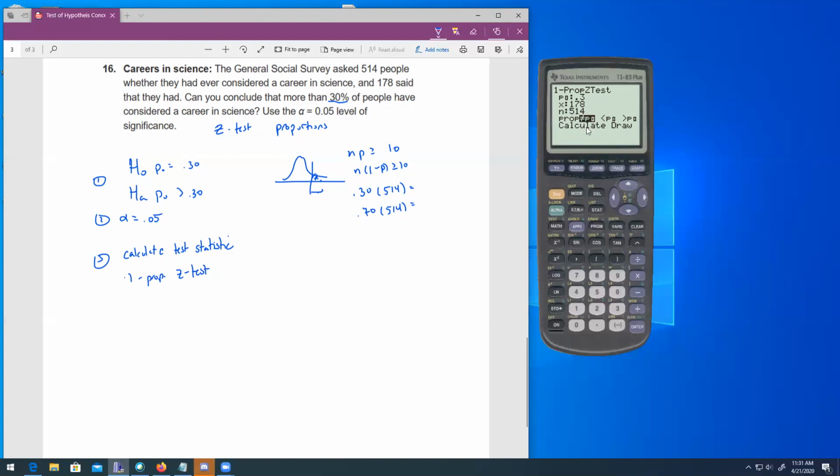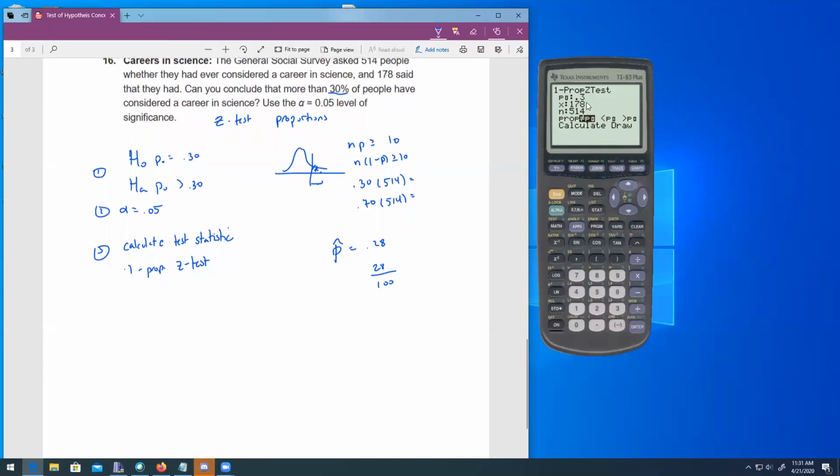If it doesn't, and they said that your p-hat was 0.28 or something, well, I would just say 28 over 100, or I would say 0.28 times however many people I had, and do it that way. I wouldn't try to mess with this too much. Don't make it harder than it has to be. And since they feed you the information that way, quite honestly, this is my favorite flavor for tests of proportions. We'll go ahead and feed it to the calculator in the same way.